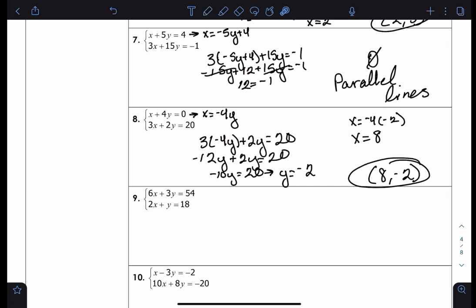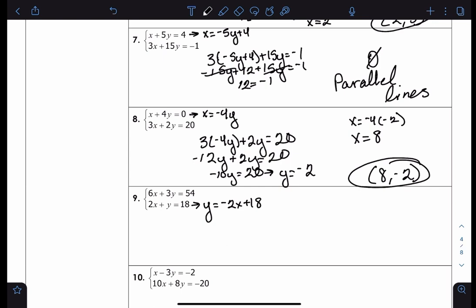So moving on to question 9, this is going to be the final one we're going to do for this video. So our system of equations is 6x plus 3y equals 54 and 2x plus y equals 18. Our second equation is going to be the easiest one to convert into a simple form. So we're going to change it to y equals negative 2x plus 18. We can now plug this into our first equation.